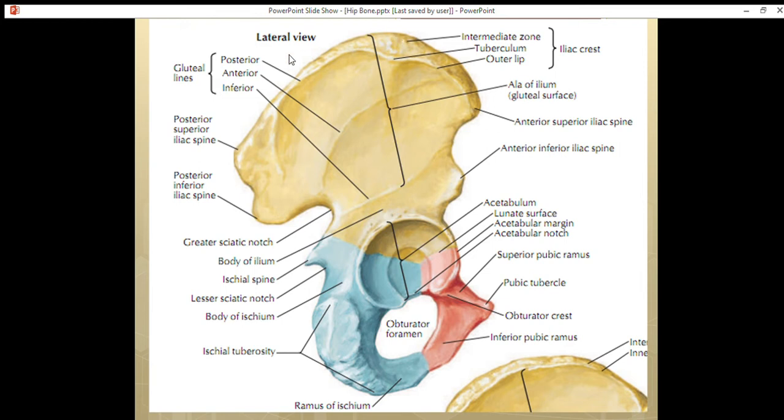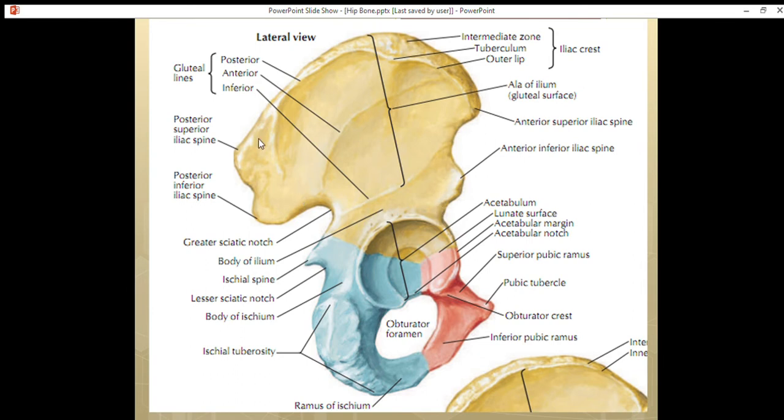Then you can see that the anterior superior iliac spine, if traced downward, ends at anterior inferior iliac spine, which is another elevation anteriorly, and then this continues up to the acetabulum. The whole part is called the anterior border of ilium.